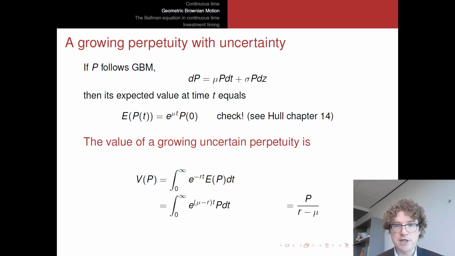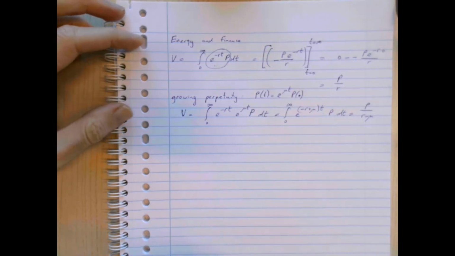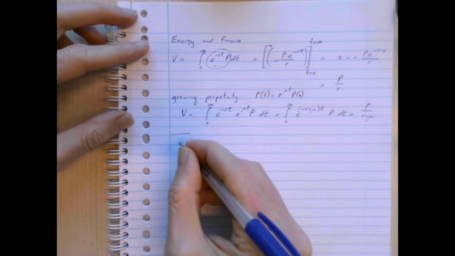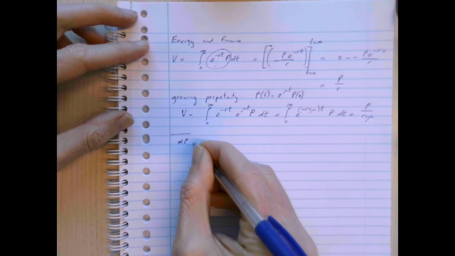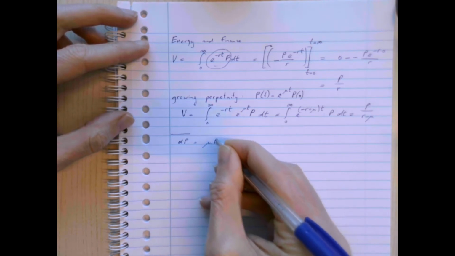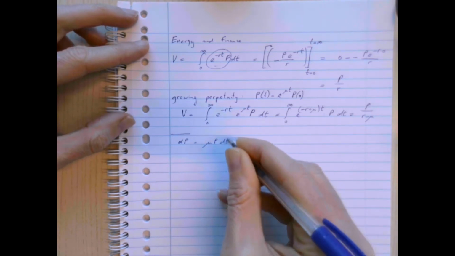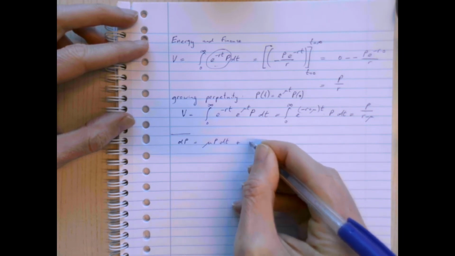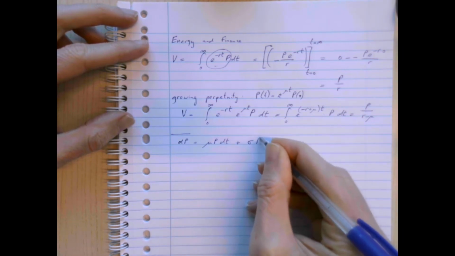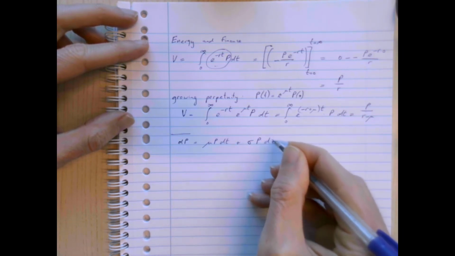One way of seeing this is the following. Let me take a look at this on paper. If we have uncertainty, we have p now following this geometric Brownian motion with the drift term plus the uncertainty term.